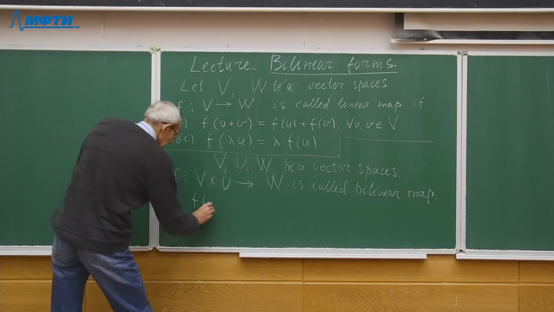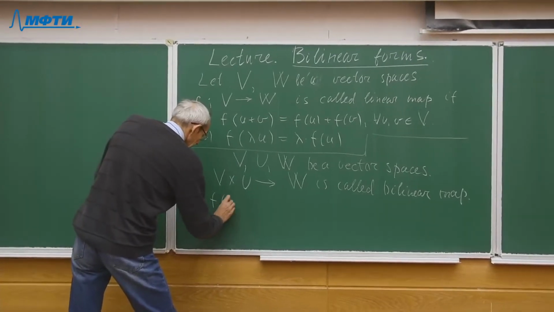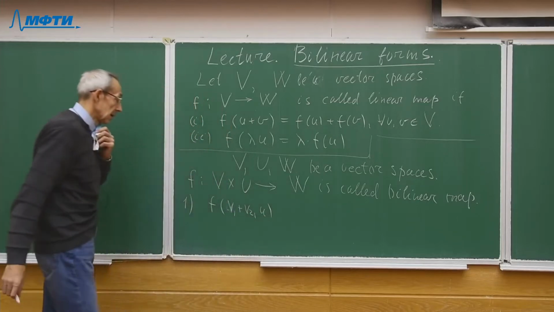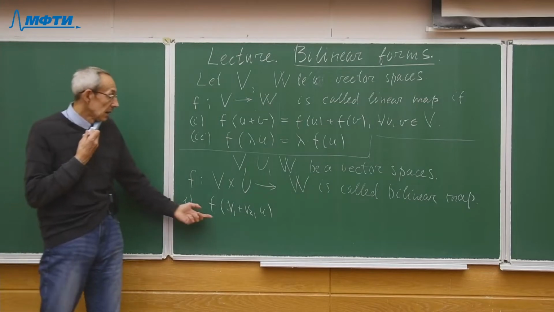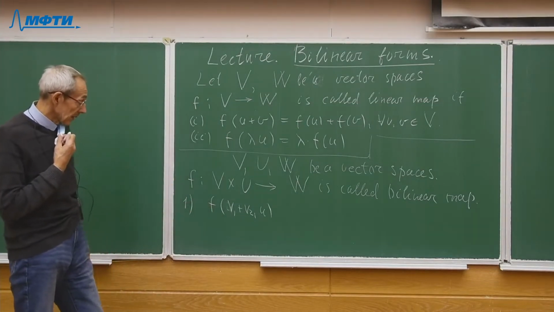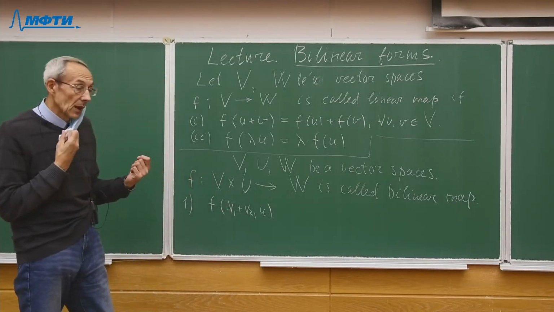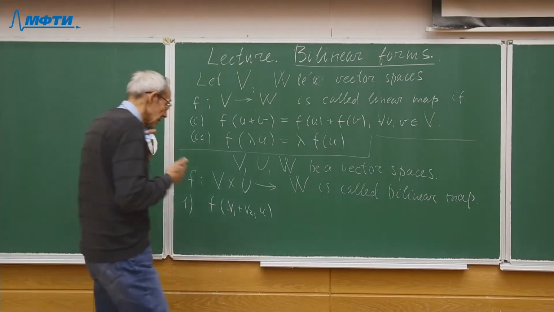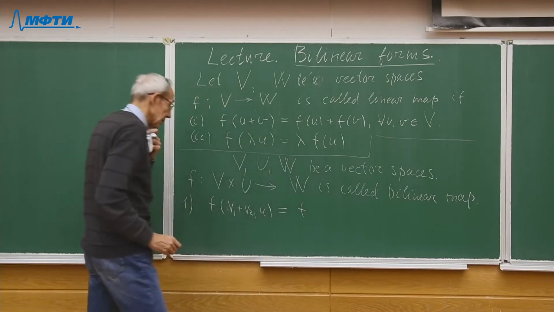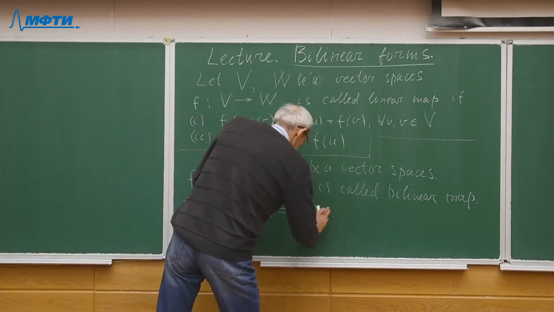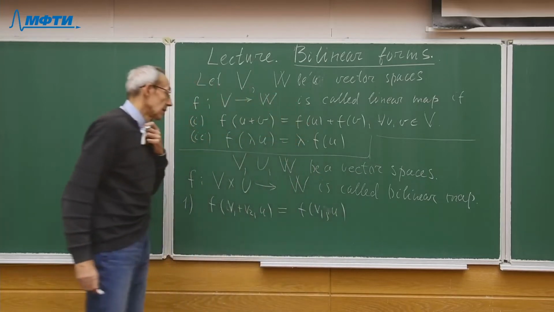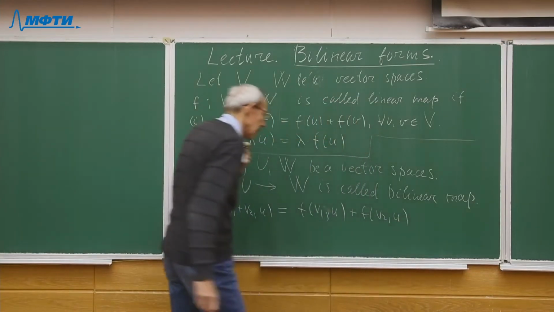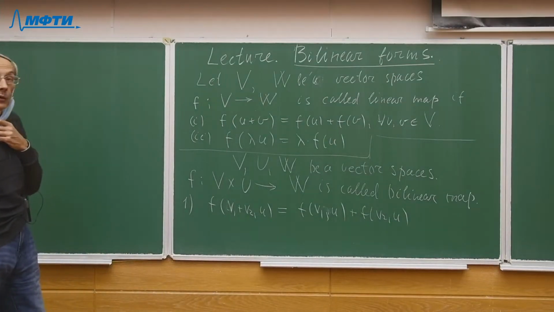If we have three vectors v1, v2 and u, and we apply our map to the pair where the first element is the sum of two vectors v1 plus v2, we must obtain the sum of the images: f applied to the pair v1 and u, plus the image of the pair v2 and u.